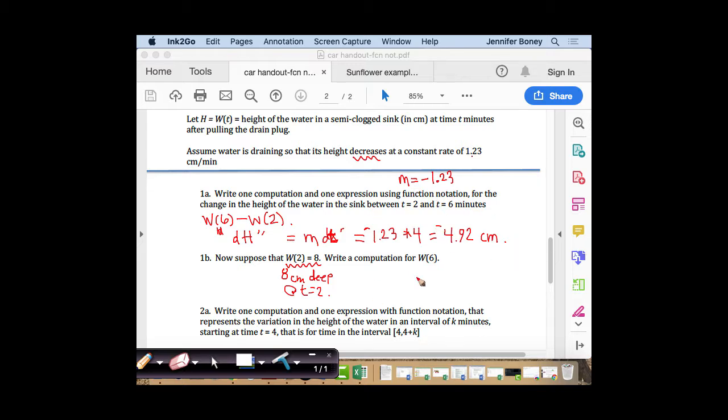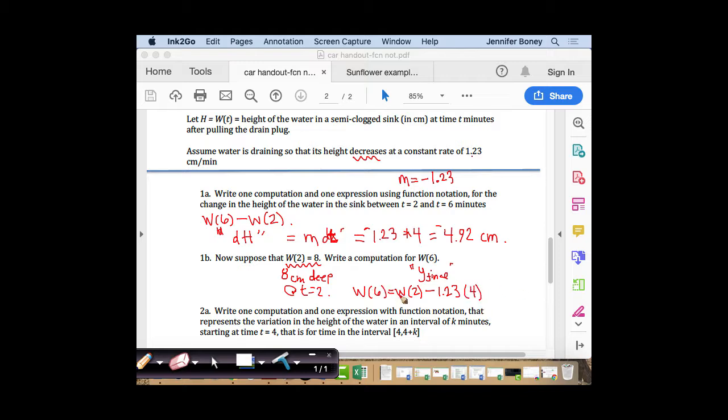I can just use this previous expression, though, because this is looking for a computation for W of 6. This is the equivalent of y final. At the beginning of the interval, from part A, we had 8 centimeters of water. By the end, it should be this much less. As a computation, I could write function notation. I could write W of 6 equals, and be all fancy about it, but we already did some of the work above. W of 6 started at W of 2, and then it decreased by 1.23 centimeters per minute for the next 4 minutes.